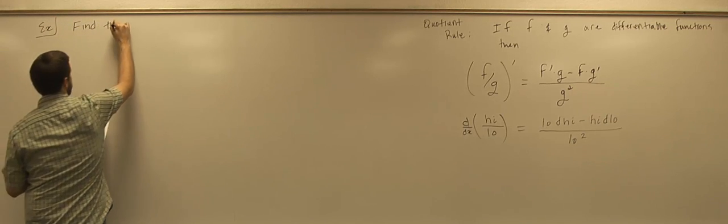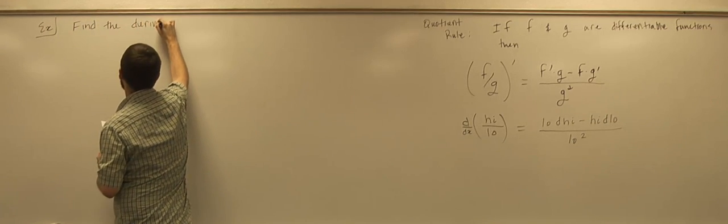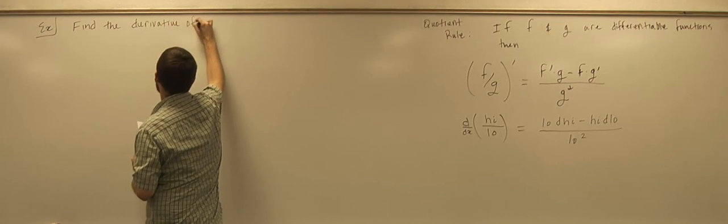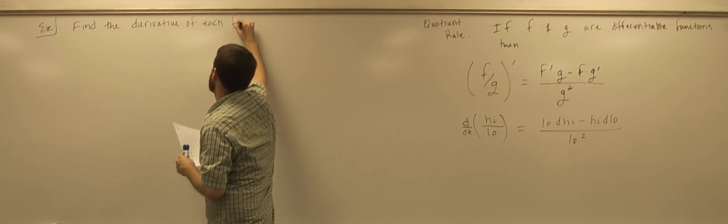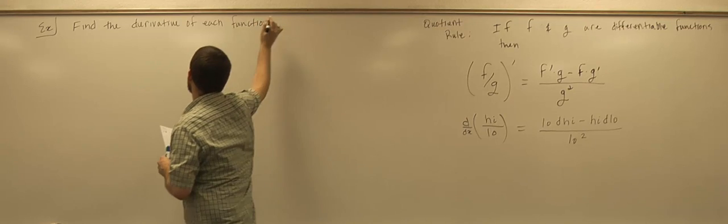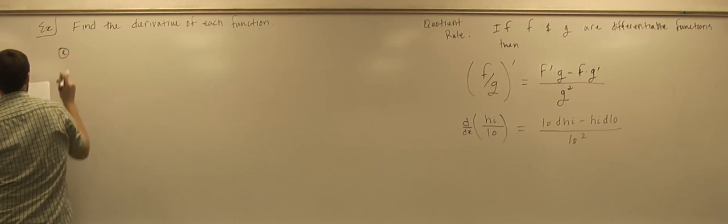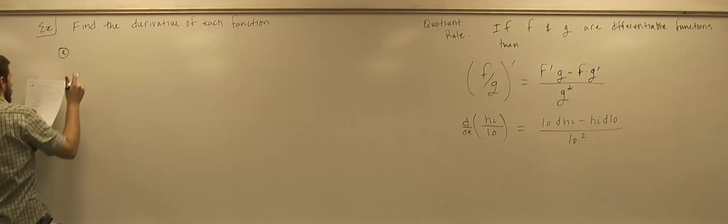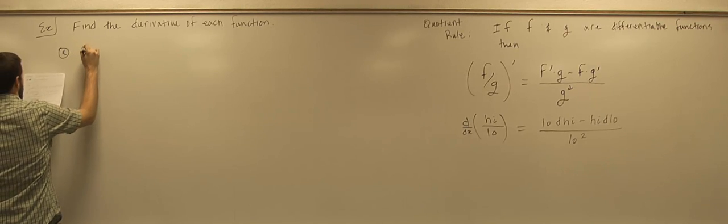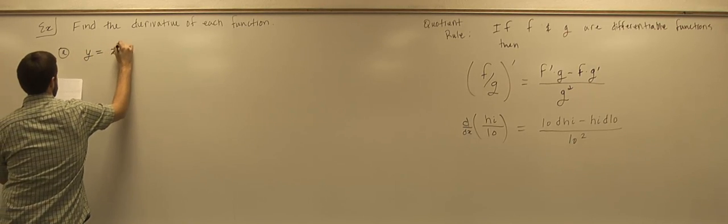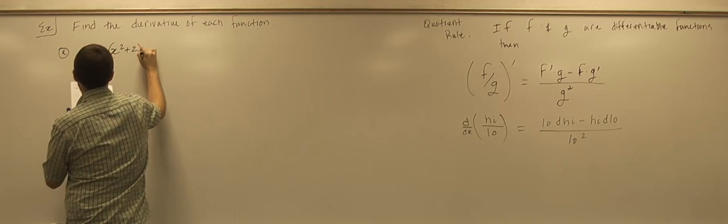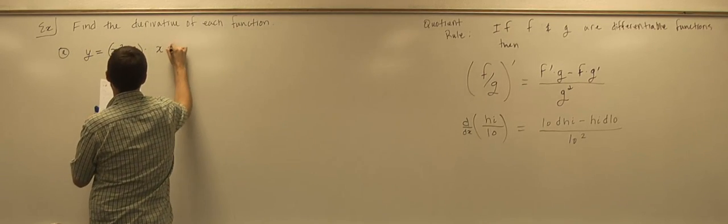Find the derivative of each function. Start with a big one. y equals x squared plus 2 times x plus 3.